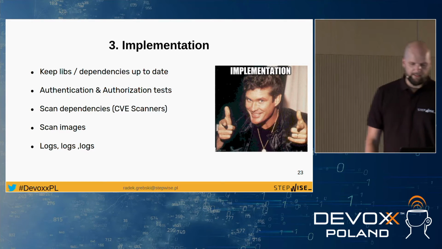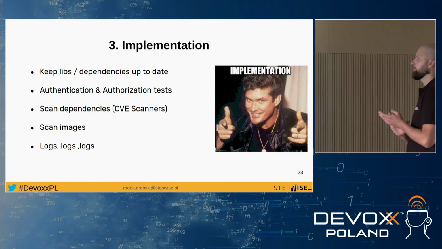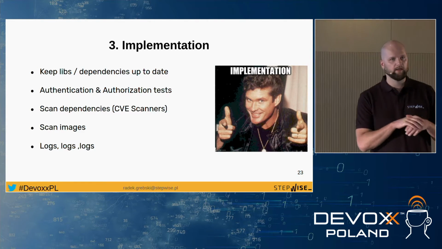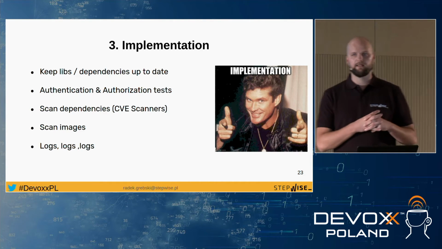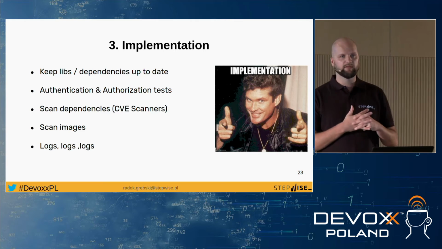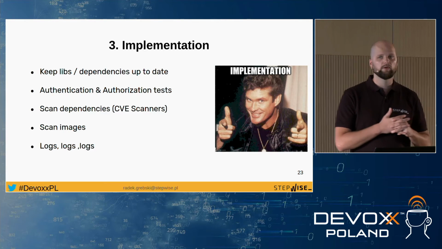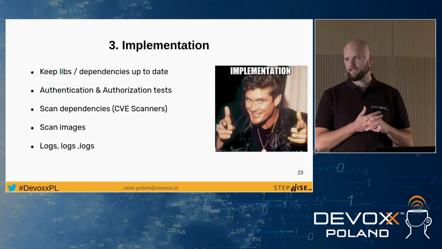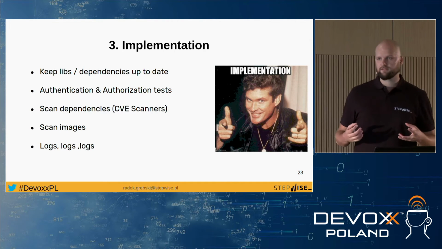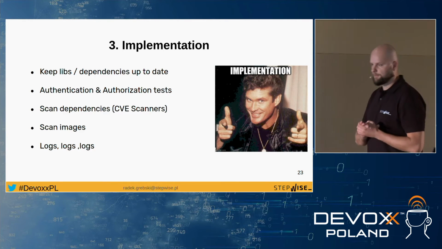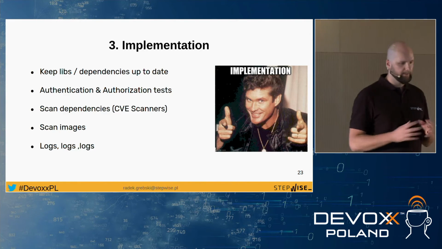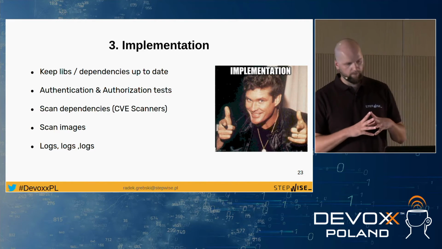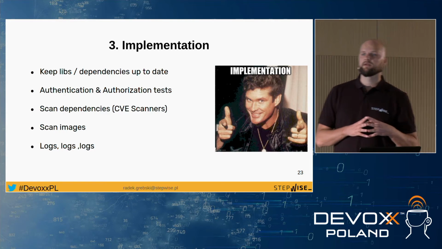Okay, now we move to implementation phase. At this stage, we want to keep libraries and dependencies up to date because, as I told on the previous slides, with every third-party library, we can import bugs and leaks to our application.